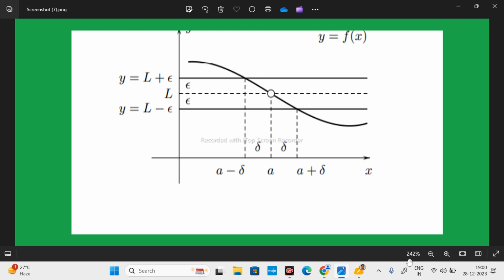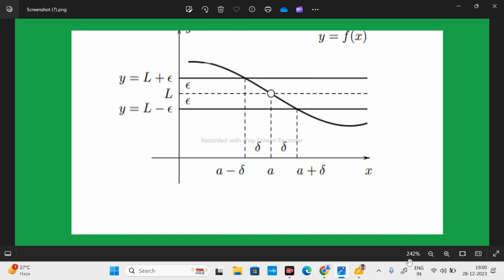Look here, as x tends to a from any side of a, the values of the function, this is y equals the graph of f(x), lie between L minus epsilon and L plus epsilon.